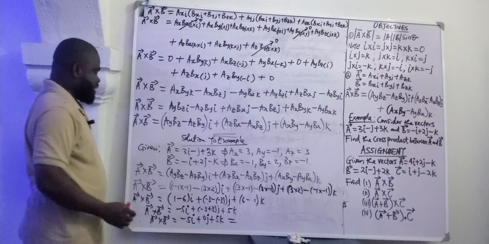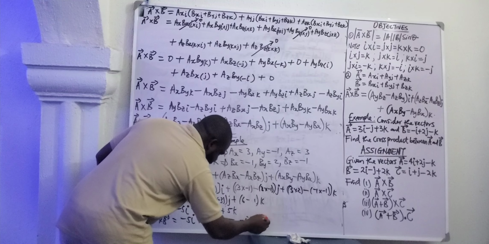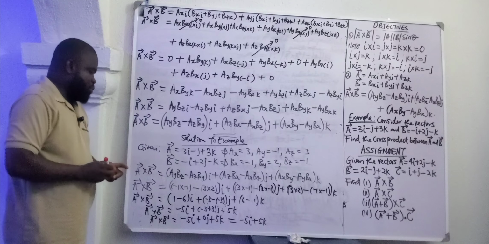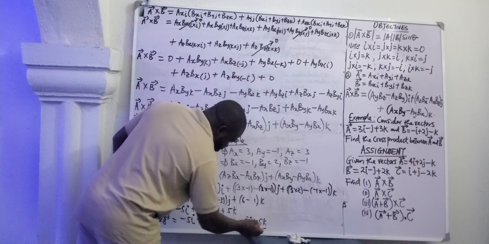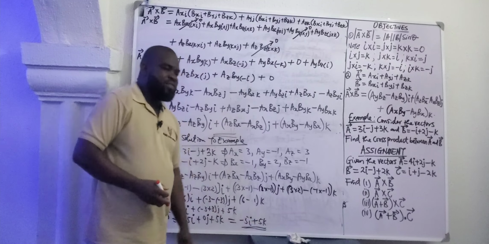So we can simply write it as minus 5i plus 5k. The 0j will disappear. So our final answer, you can see there is still a unit vector there, minus 5i plus 5k.